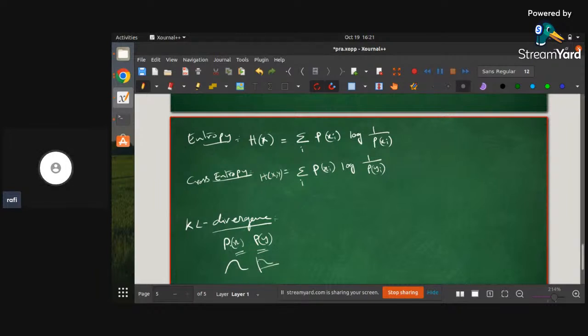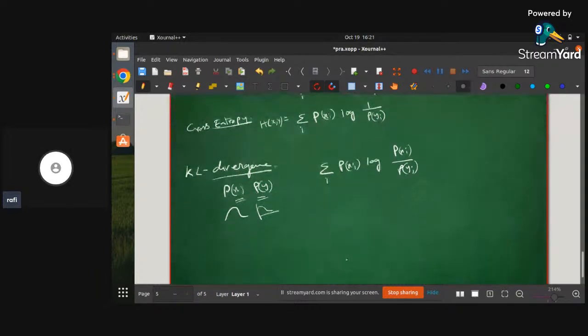How similar both the distributions are is given by summation over i p of xi log p of xi by p of yi. This is one more definition.